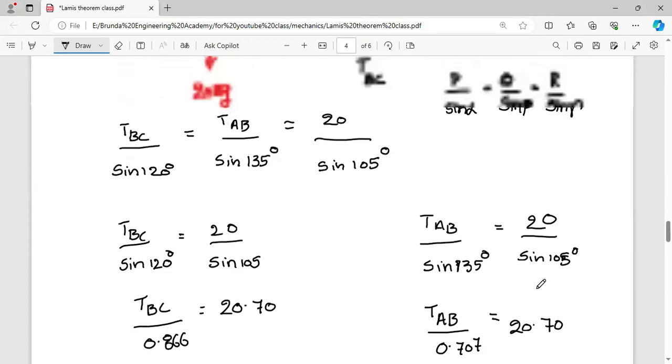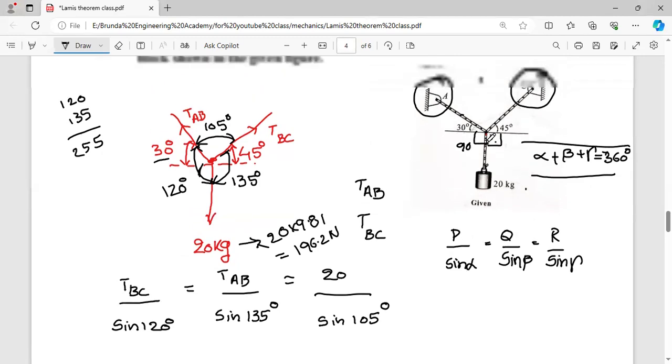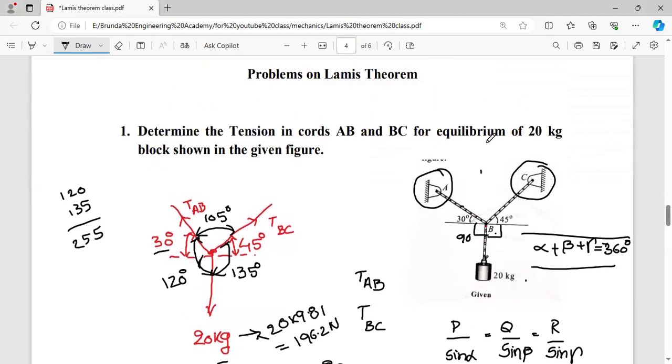Okay, while conversion, otherwise first we may take this 20 kgs into 9.81 firstly previously. Otherwise, you can take 20 into 9.81. That value is 196.2 newtons. So in this way, we can calculate the tensions available in the cords.